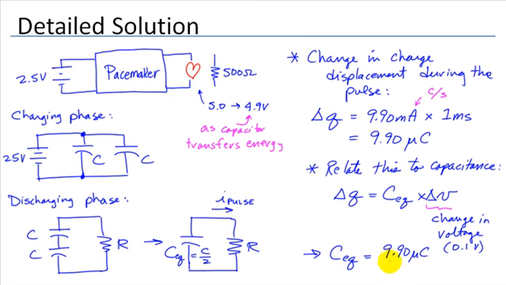Solving for the equivalent capacitance, we have 9.90 microcoulombs divided by 0.1 volts, and that gives us the value 99 microfarads.